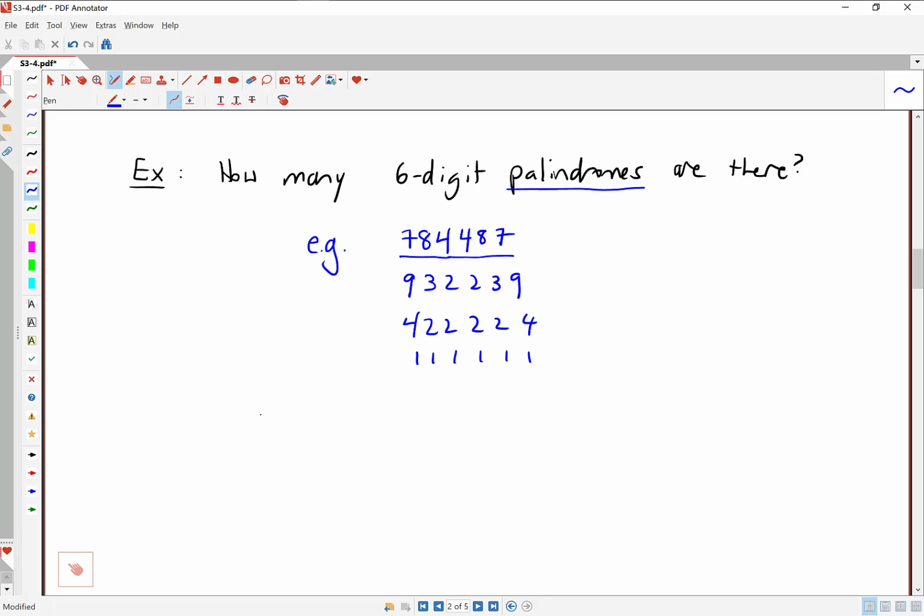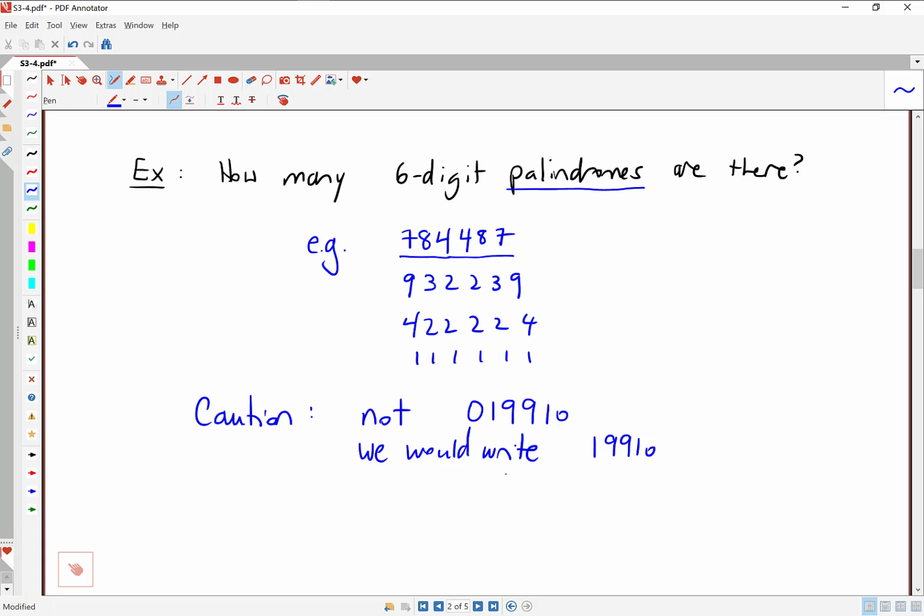All of those are 6-digit palindromes. Something that would be excluded would be a number that starts with 0. So 019910 is a palindrome, but it's actually not considered to be 6 digits because when we write numbers, we usually drop leading zeros. So this number would be more naturally written 19910, and therefore it's not 6 digits long.